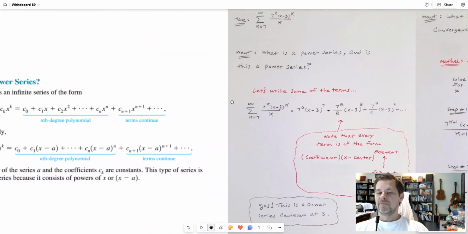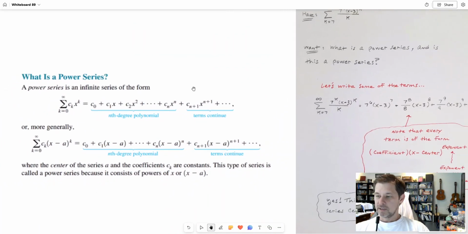If I go to a textbook and look up the definition of a power series, what I'll see is that it's a series that looks like this: a constant plus another constant times x minus some number a to a power, plus another constant times x minus a to the next highest power. All these powers are positive whole numbers. So I get a constant times x minus some number to some whole number power. And then it goes on from there.